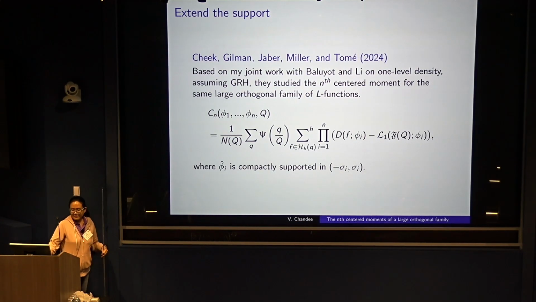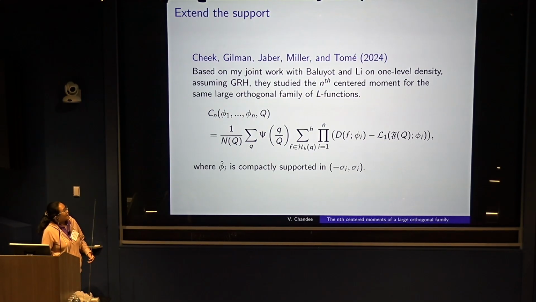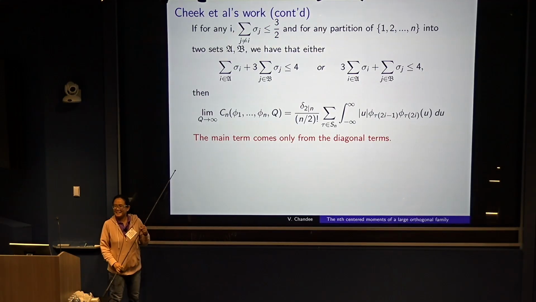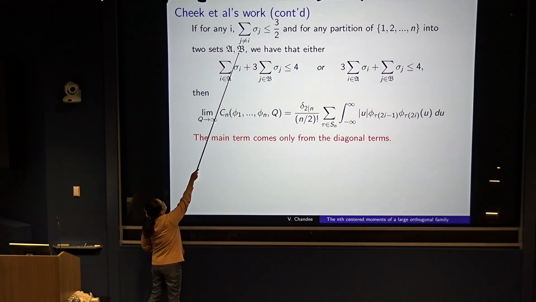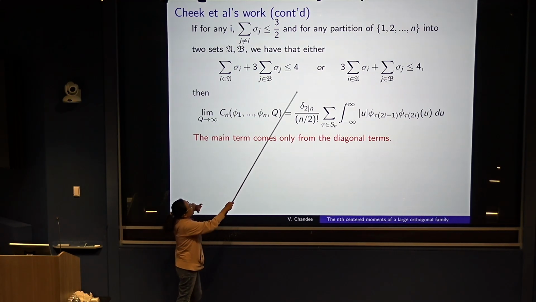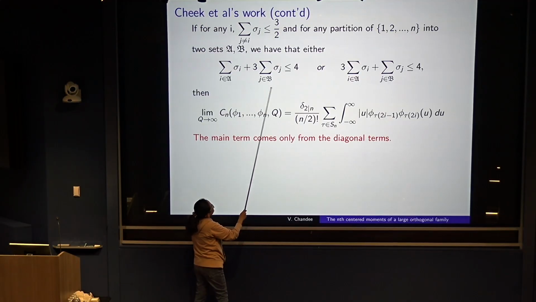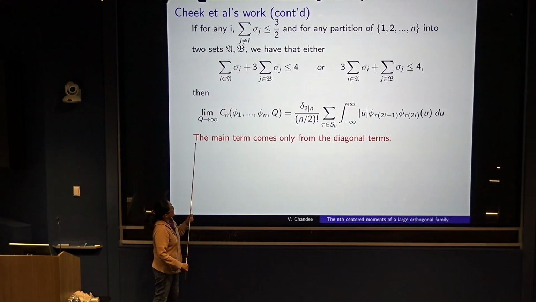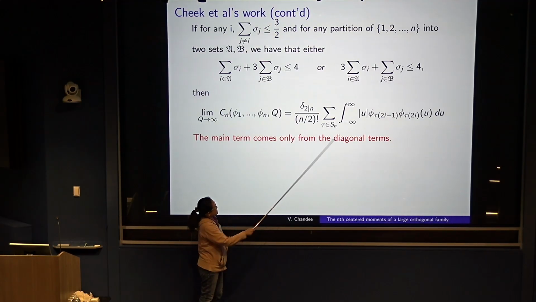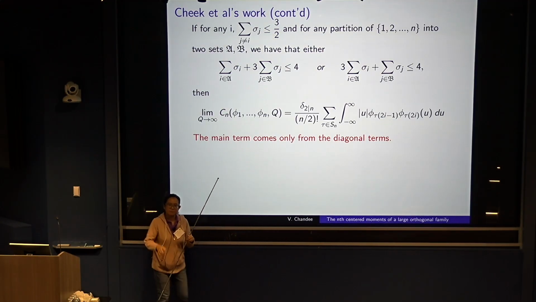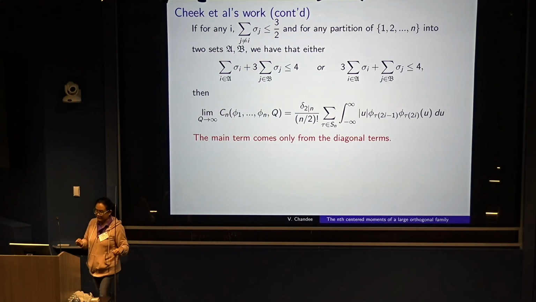Let's see what they have. They have some conditions on sigma i, so it's a little bit complicated here. The sum of the sigma j needs to go up to 3/2, and then you partition the set here. It needs to satisfy this condition and this condition. With this restriction, they get that the limit is this. And I forgot to mention that in the previous work, all the main terms come only from the diagonal terms. We're going to talk about diagonal terms a little bit later.